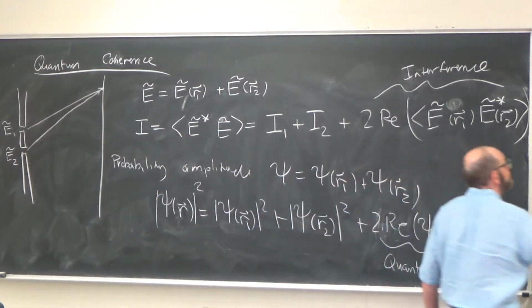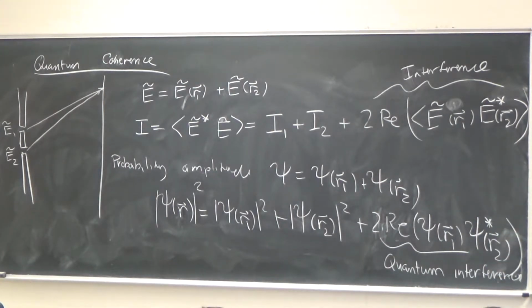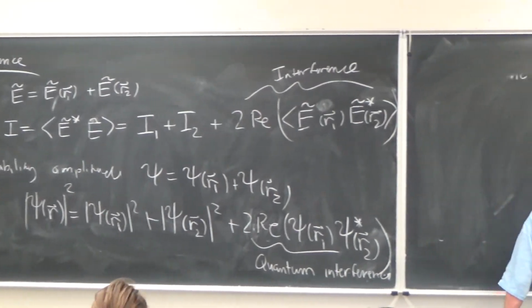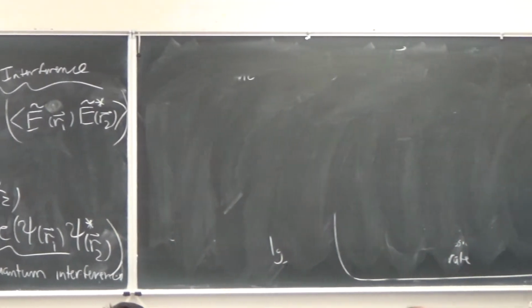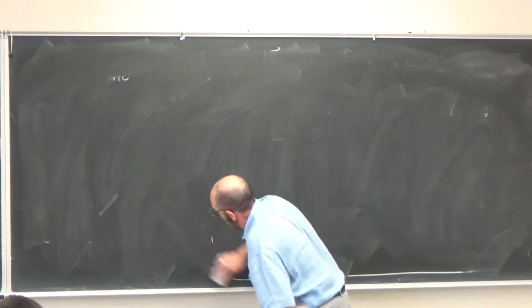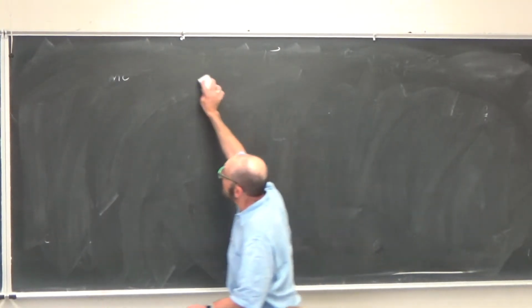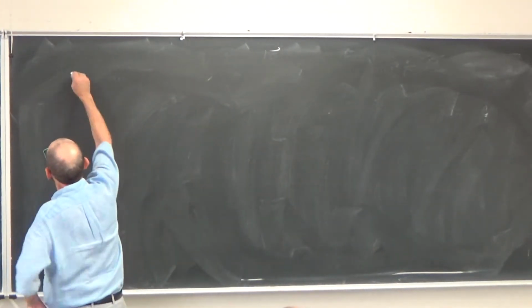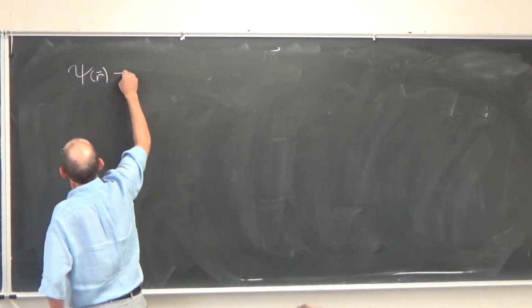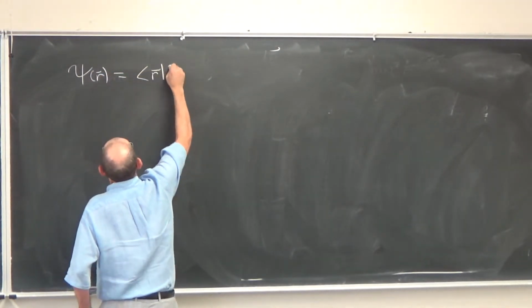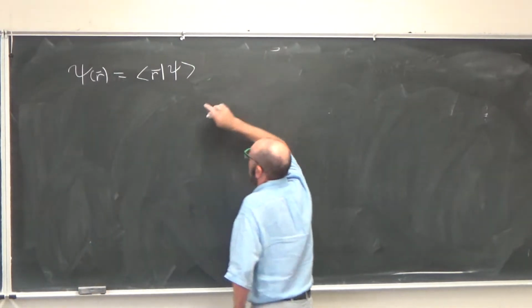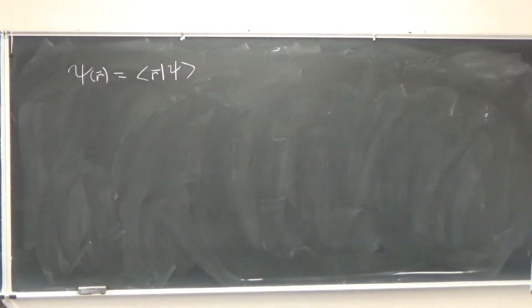Now, if we express that probability density from the point of view of bras and kets, of course, the probability amplitude at some position is just the state vector in the position representation, right?